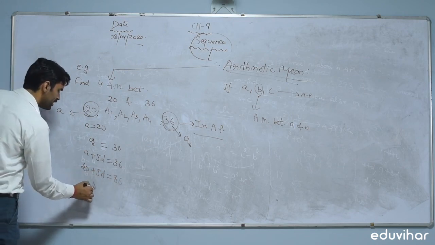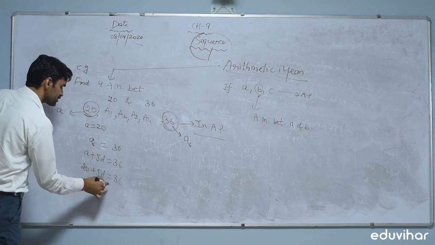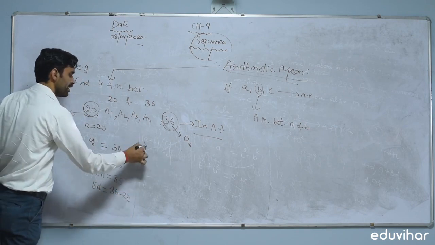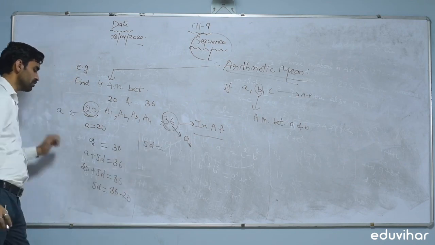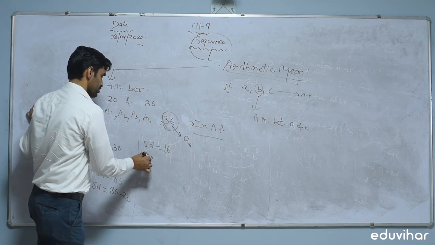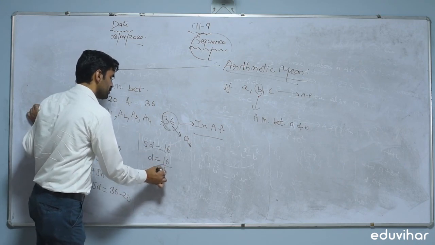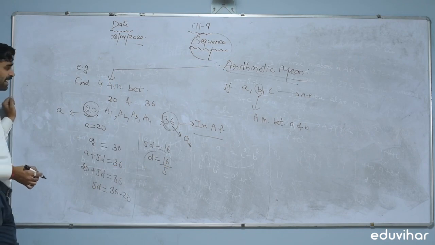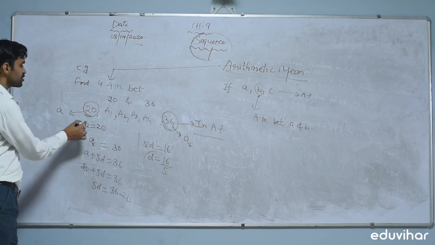So 5d equals 36 minus 20, that is 16. The value of d comes out to be 16 upon 5.